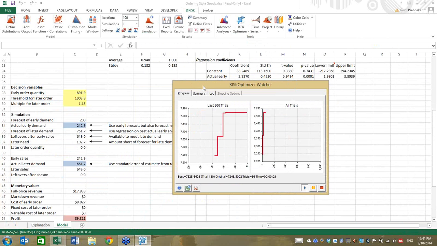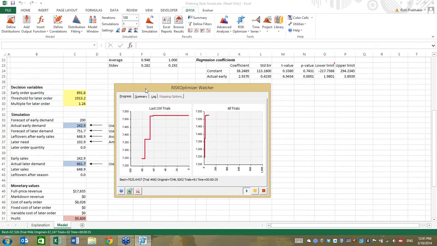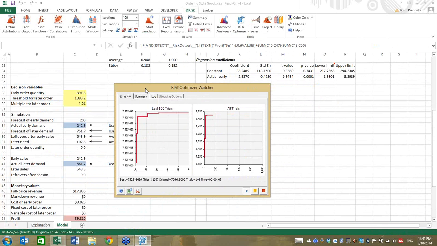So here we have the classic compromise, where if we order heaps of stuff and demand happens to be high, great. If it's low, we're at risk of losing money. If we don't order enough to meet demand, we make our money off what we ordered, but then there's all this foregone opportunity, if you like, on the profit that we could have made if we'd ordered enough. So I've seen some gains there. I'll stop my run there.